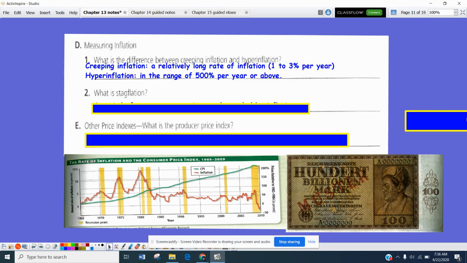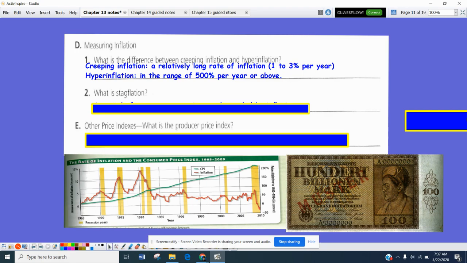And what ends up happening is prices for things like bread went up dramatically. It almost got to the point where if you wanted to buy a loaf of bread, you needed a wheelbarrow full of money to make that happen, because the German mark for the most part wasn't worth anything.